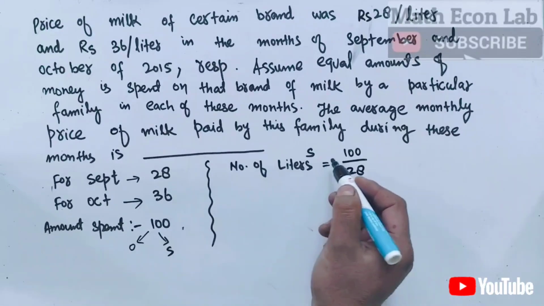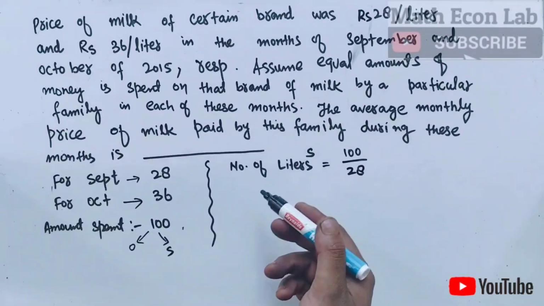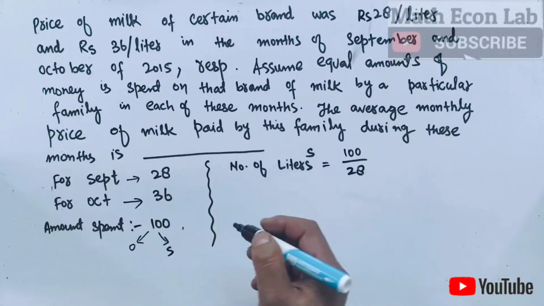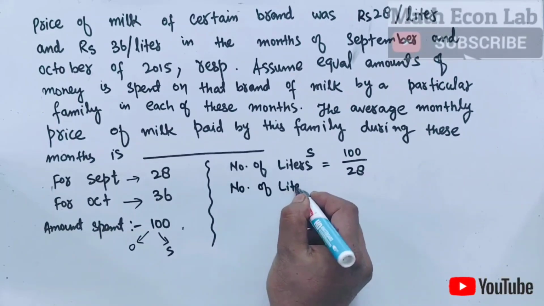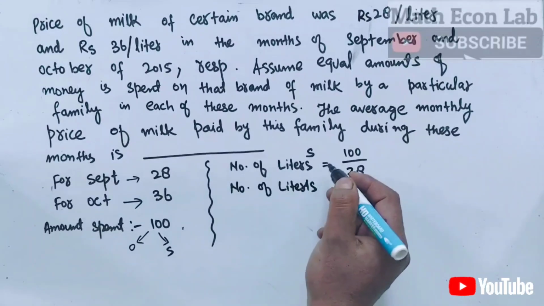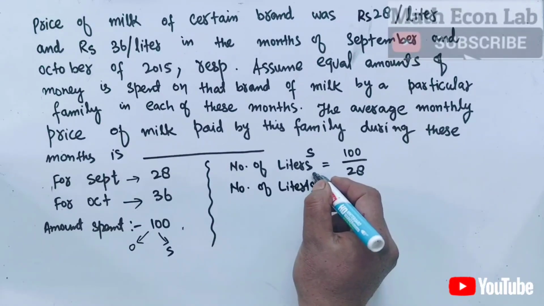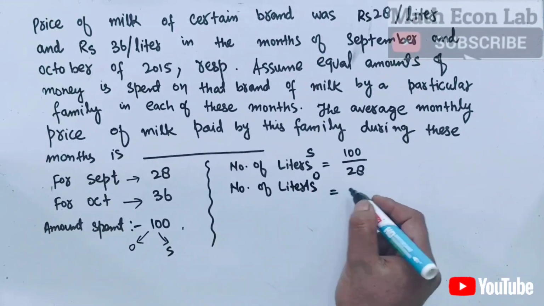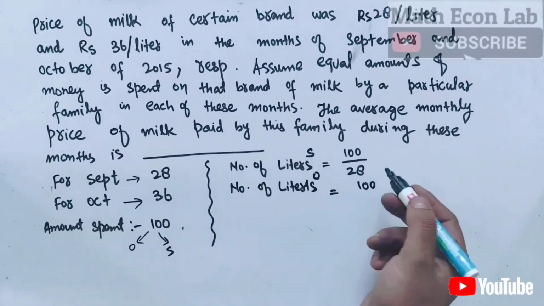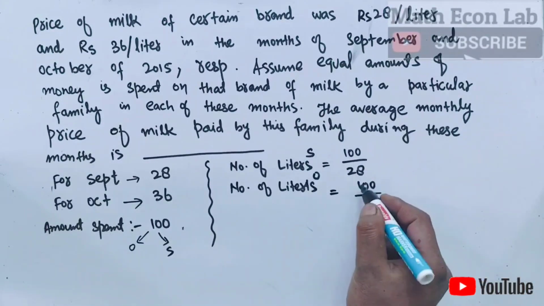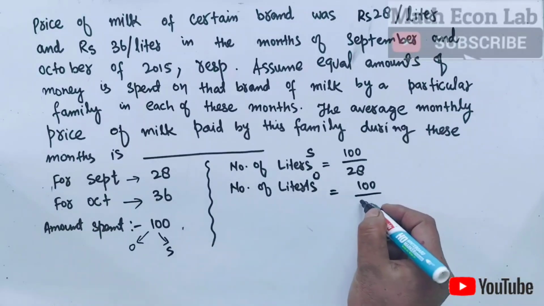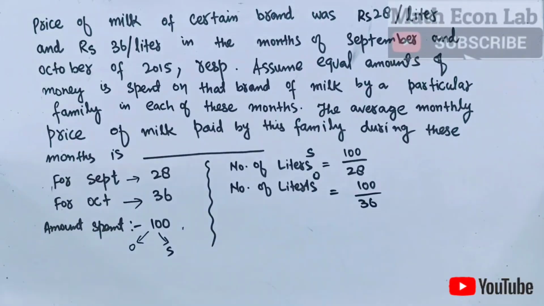This will be the number of liters bought in the month of September. Similarly, number of liters of milk bought in the month of October will be equal to the total amount spent, because this family spends equal amount in each month. So it is 100 divided by the price of milk, which is 36.